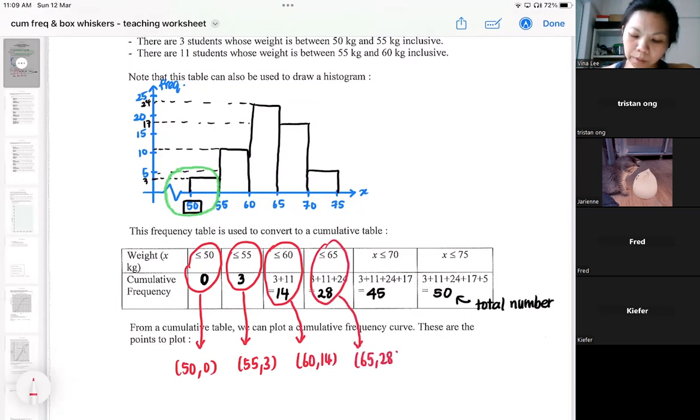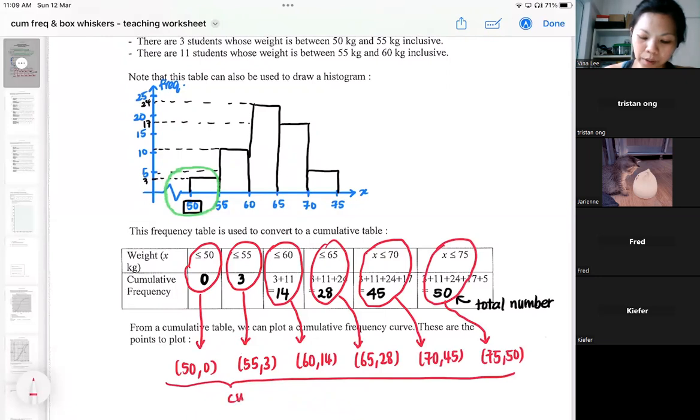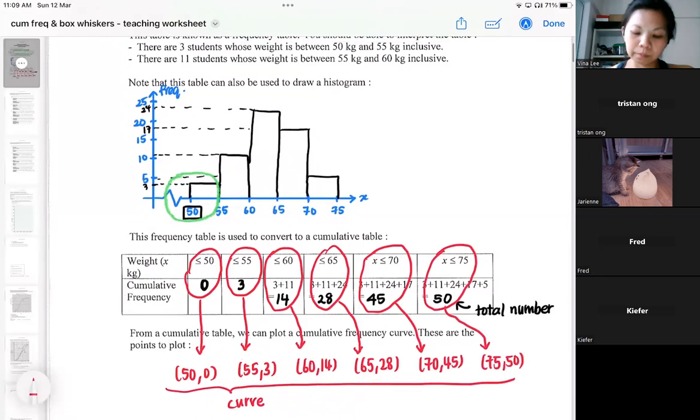When you accumulate, it becomes some coordinate. So if your teacher gets you to plot, this will be the coordinate to plot. And then all this will become a curve. So that's how you get a cumulative curve. Technically, a cumulative curve comes from a histogram table.